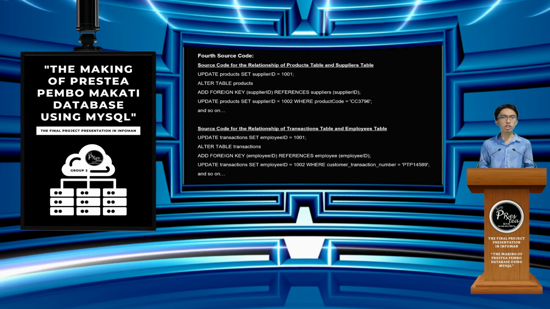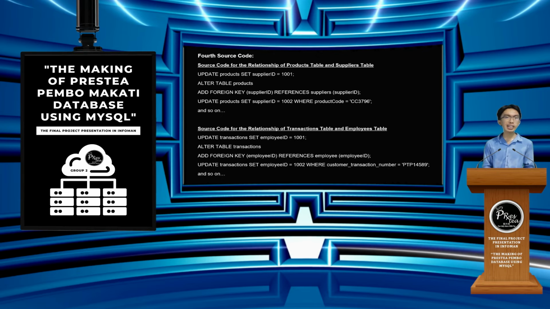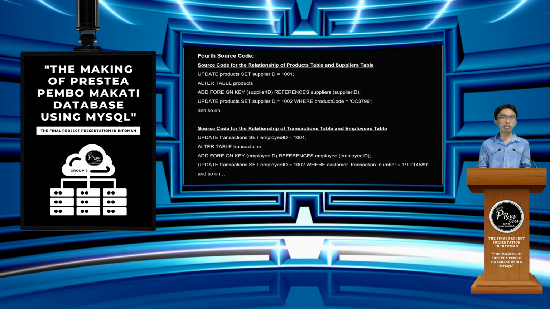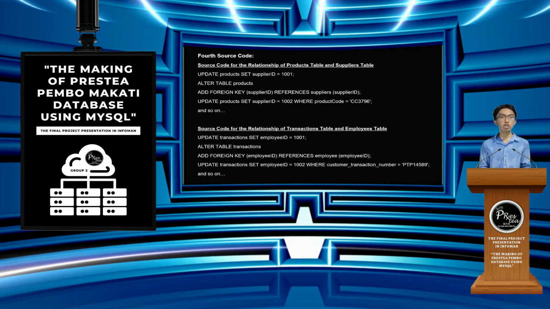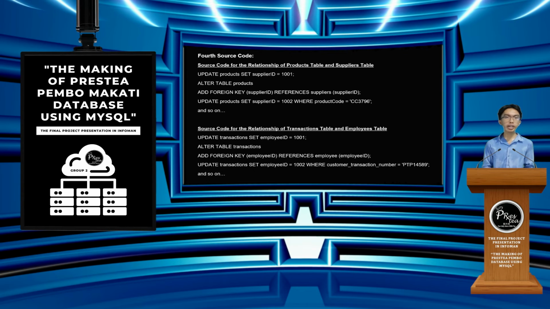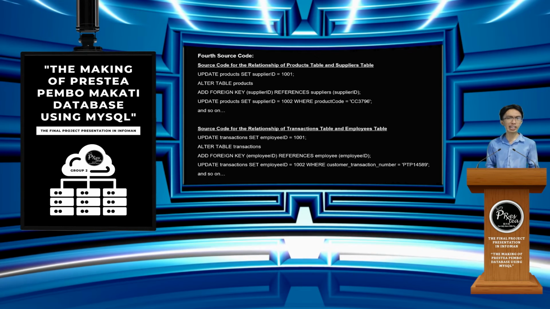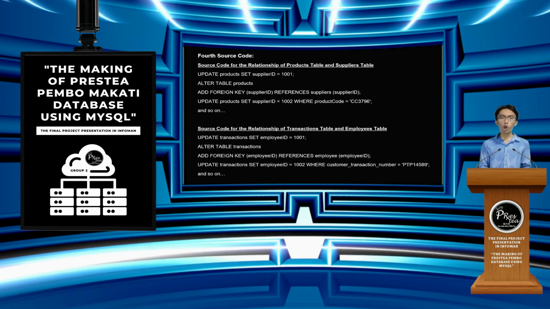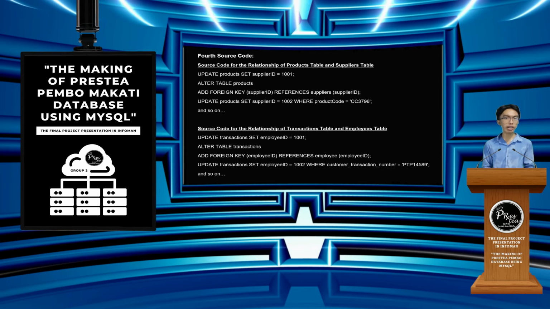We use this source code because we want to make a relationship in two tables by adding a foreign key constraint on the supplierID column of the products child table to the suppliers parent table, to ensure that every supplierID in the products table always refers to a valid supplierID in the suppliers table.